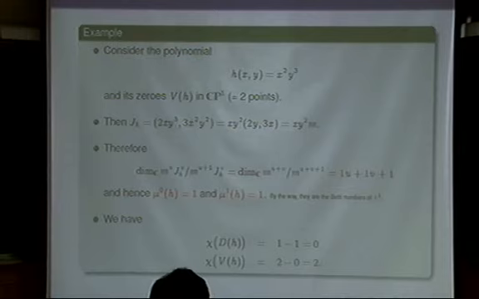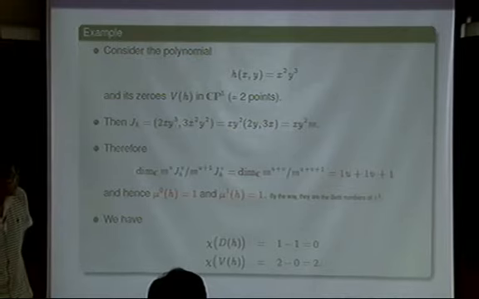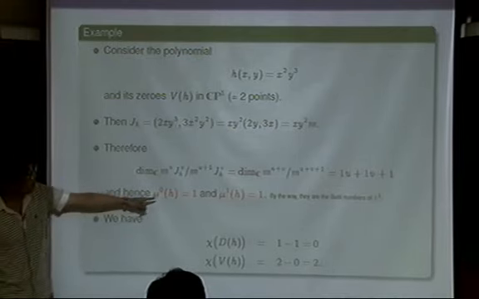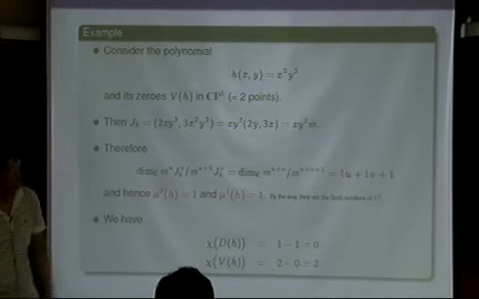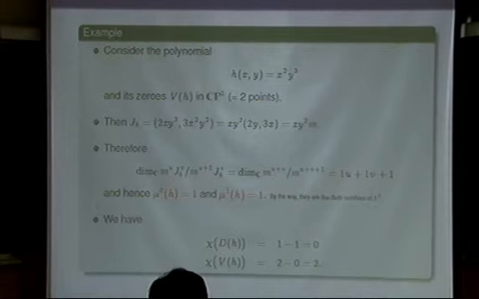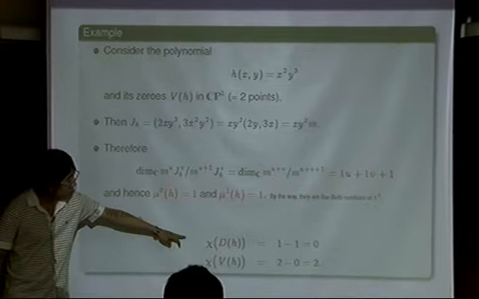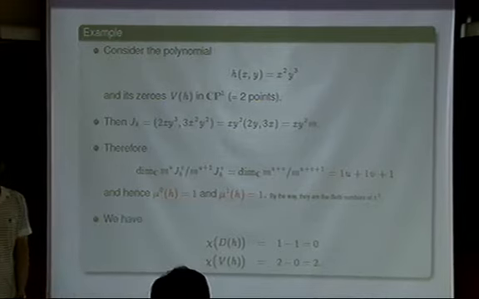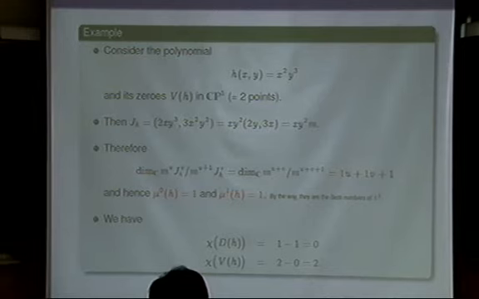So our numbers, mu0 and mu1, are 1 and 1, which you can read off from this polynomial. Our topological Euler characteristic is obtained by taking the alternating sum, 1 minus 1 equals 0. And the topological Euler characteristic of this projective hypersurface, which is 2 points, is 2, not 5.